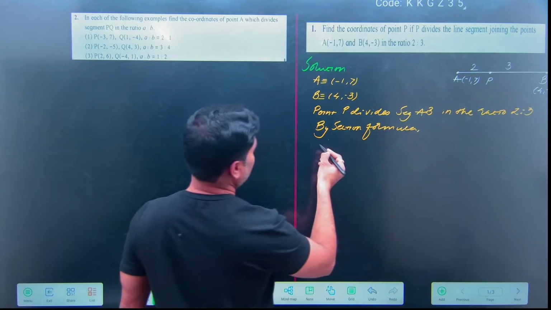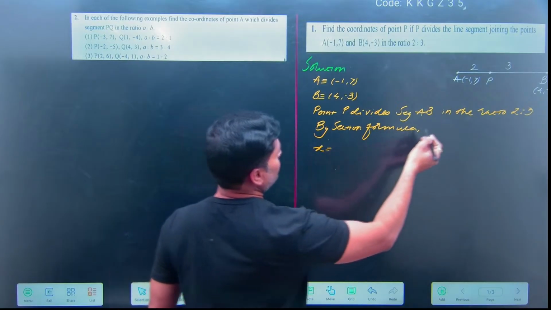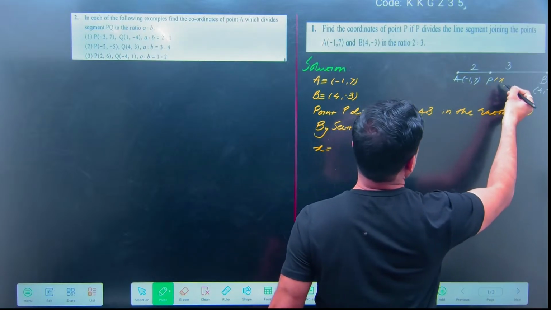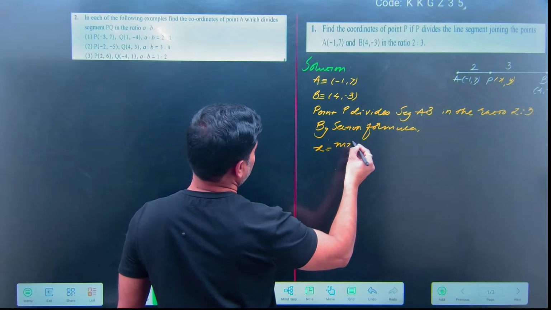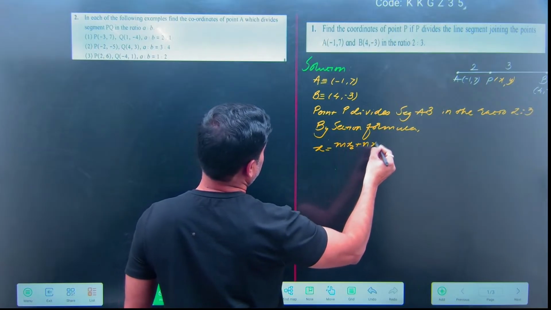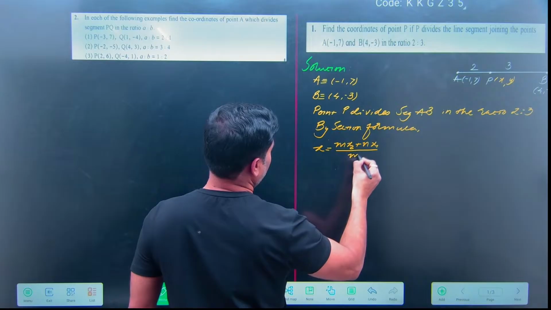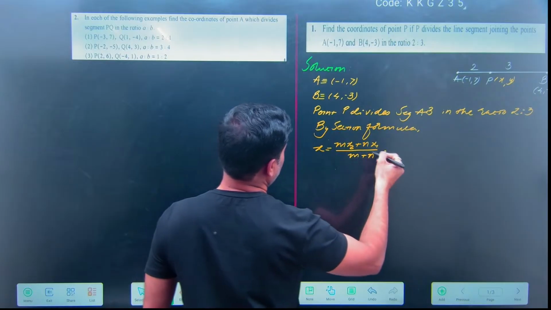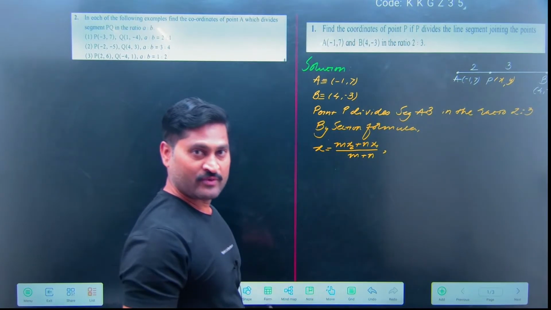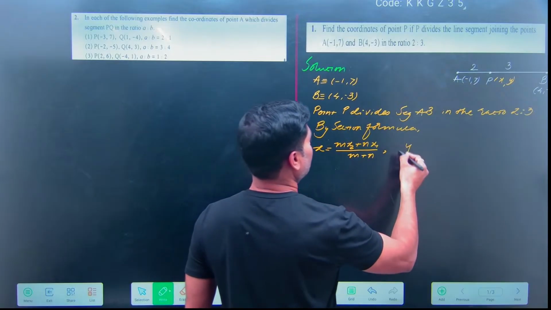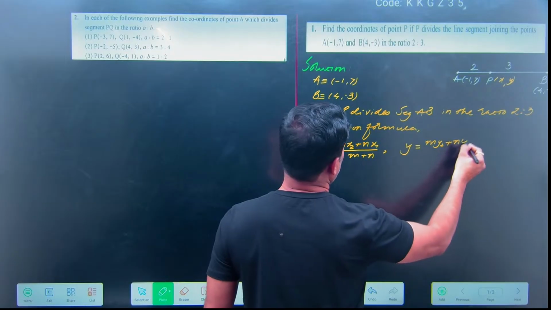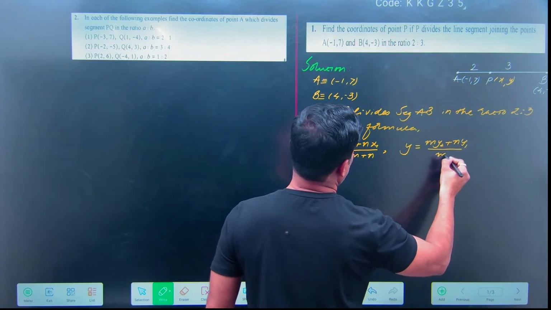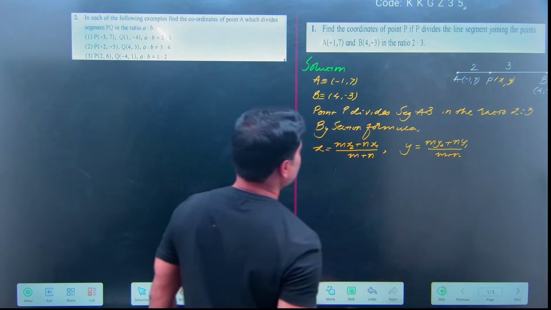So what is section formula? The coordinate of this point P is given by x is equal to mx2 plus nx1 that upon m plus n, and point y चे कोऑर्डिनेट काढण्यासाठीचा फॉर्म्युला यूज करायचा आपल्याला m y2 plus n y1 that upon m plus n.